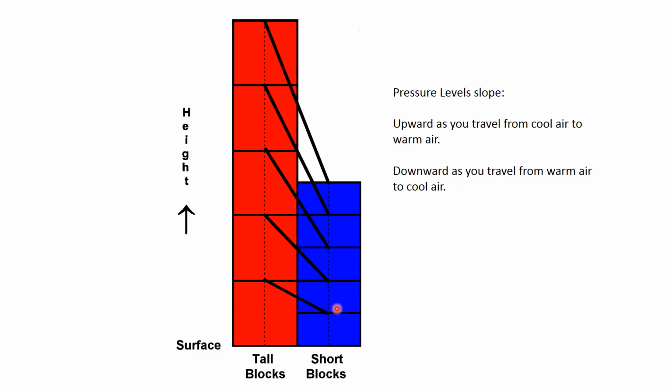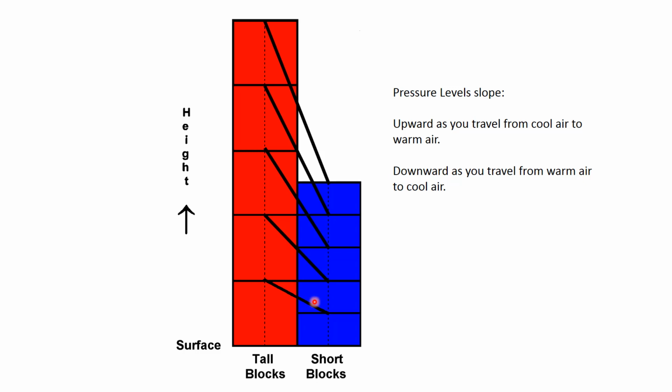So this is the height at which the pressure is the same in each of these two stacks. And if you notice, as you travel from the tall stack to the shorter stack, that height becomes shorter and shorter. This pressure level slopes downward.